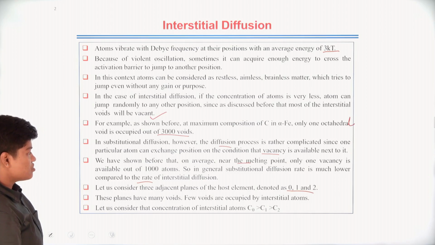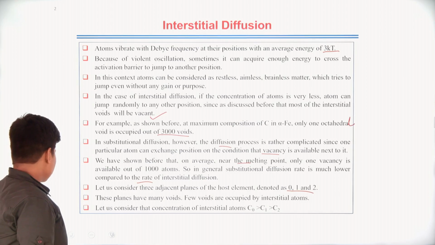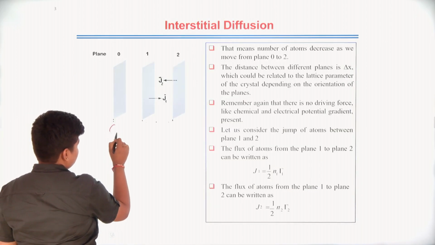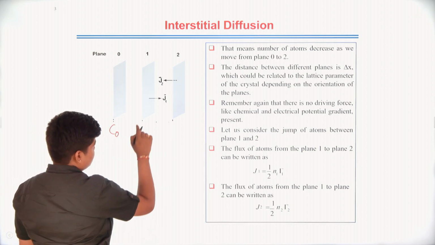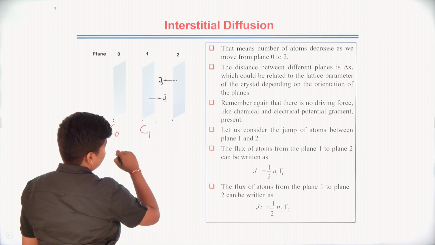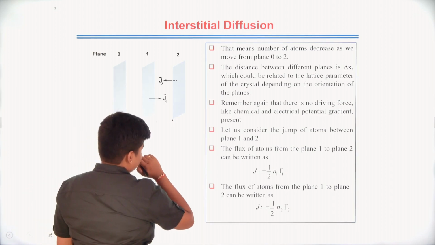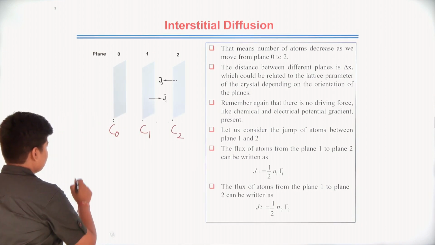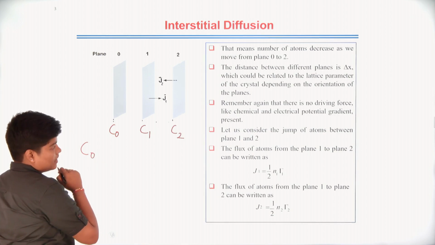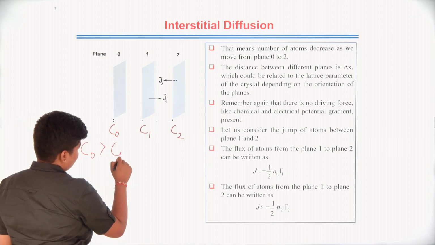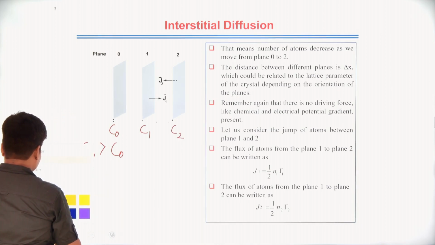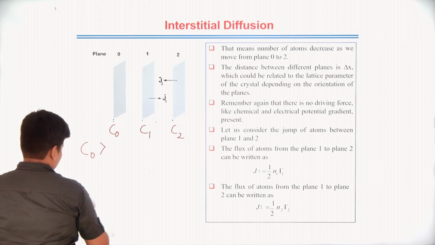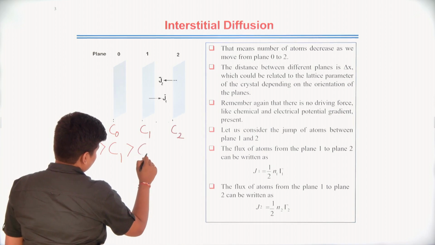The concentration of interstitial atoms in plane 0 is C0, in plane 1 is C1, and in plane 2 is C2. We have one assumption: the concentration of atoms in plane 0 is more than in plane 1, which is more than in plane 2.